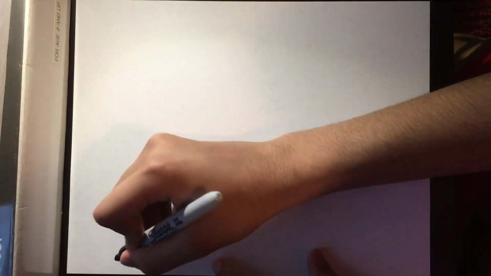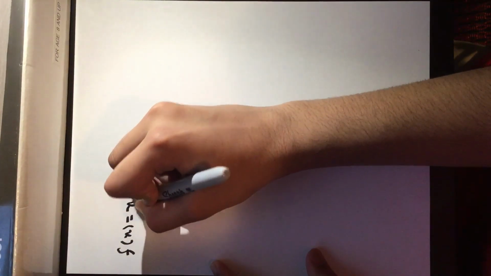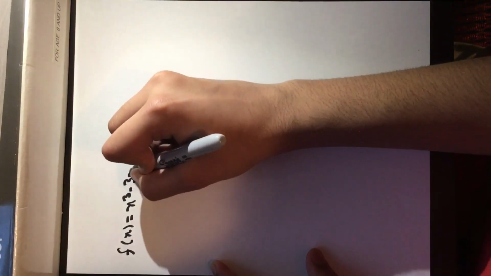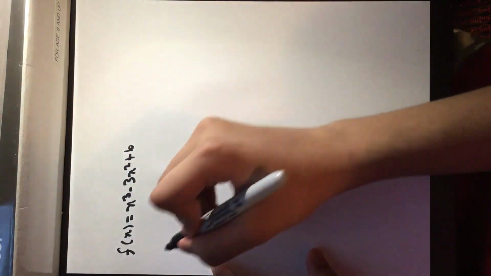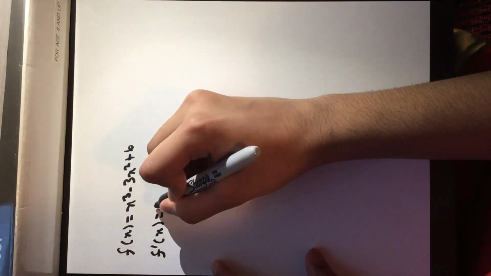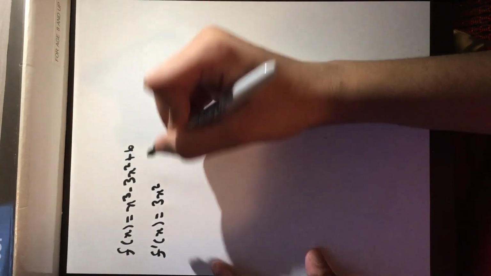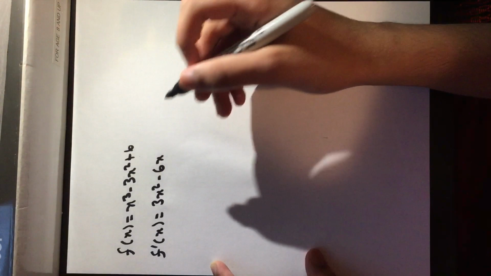So if we take a function f(x) equals x cubed minus 3x squared plus 6, and we want to find the relative extrema, we would first take the derivative of f(x), which is f prime of x, and this is equal to 3x squared minus 6x. Since the 6 is a constant, its derivative is just 0, so it doesn't matter.